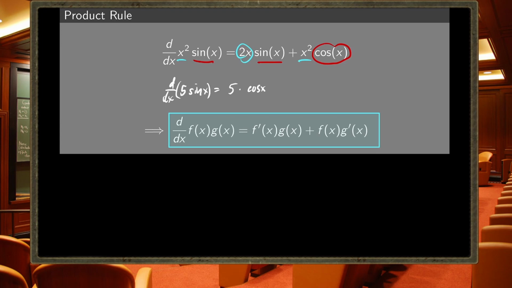Well, if this is f and this is g, the derivative f prime is actually going to be 0 times g of x, which is sine x, plus 5 times g prime, which we know is cos x. And so that will work out. But man, is that a lot more work when it doesn't need to be, right?